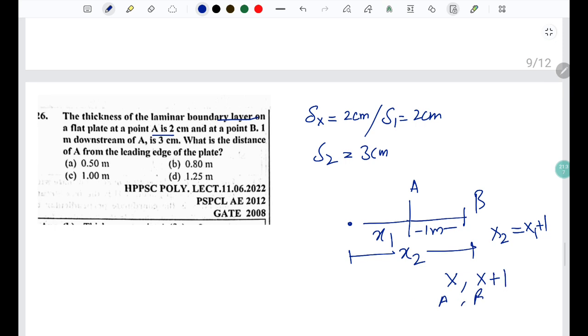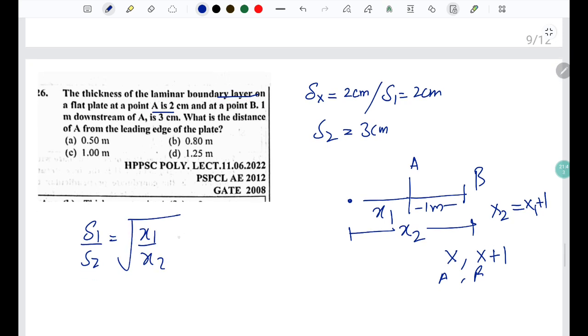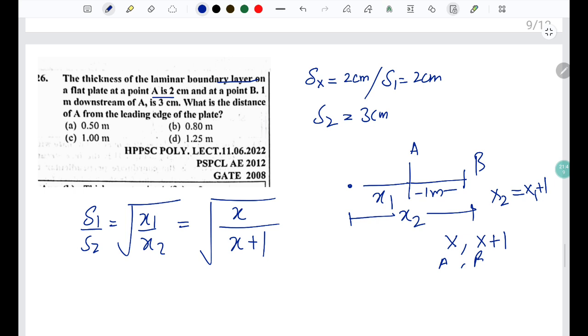We discussed just above that delta 1 by delta 2 is root of x1 by x2, which is the distance from the leading edge. x1 is nothing but x and x2 is x plus 1. Delta 1 by delta 2 is nothing but 2 by 3. Its square will give you x by x plus 1.